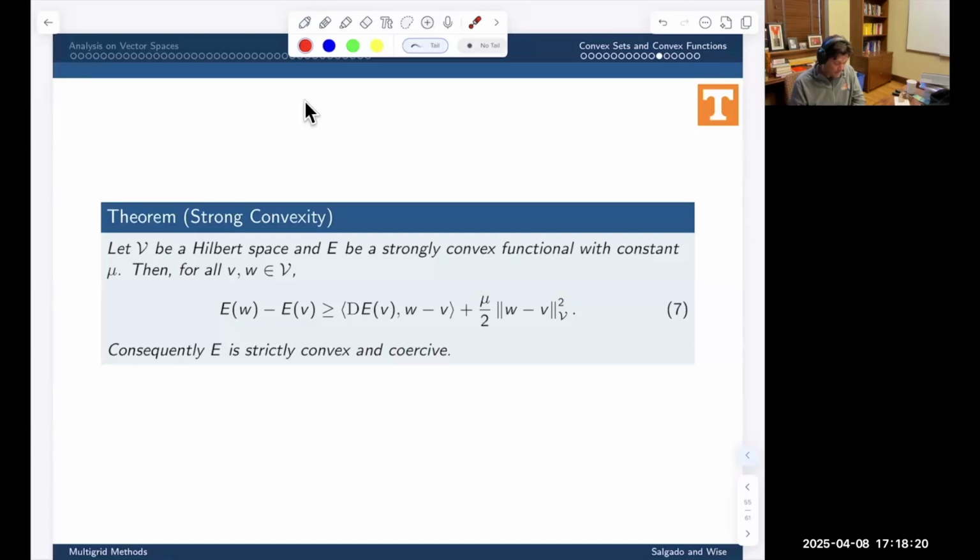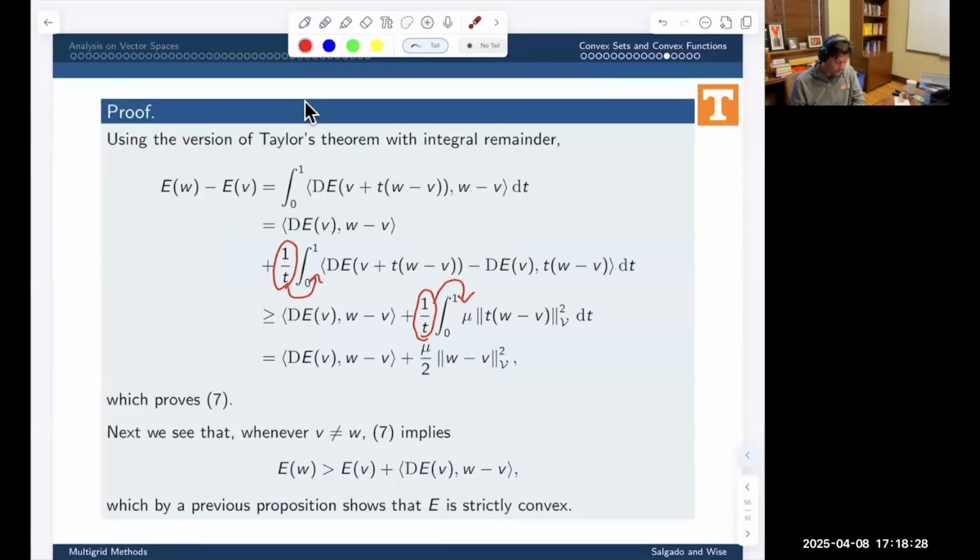But now let's suppose that V and W are not equal. Why do we have strict convexity? Oh, right. The reason is that if W and V are not equal to each other, then this guy is strictly positive.